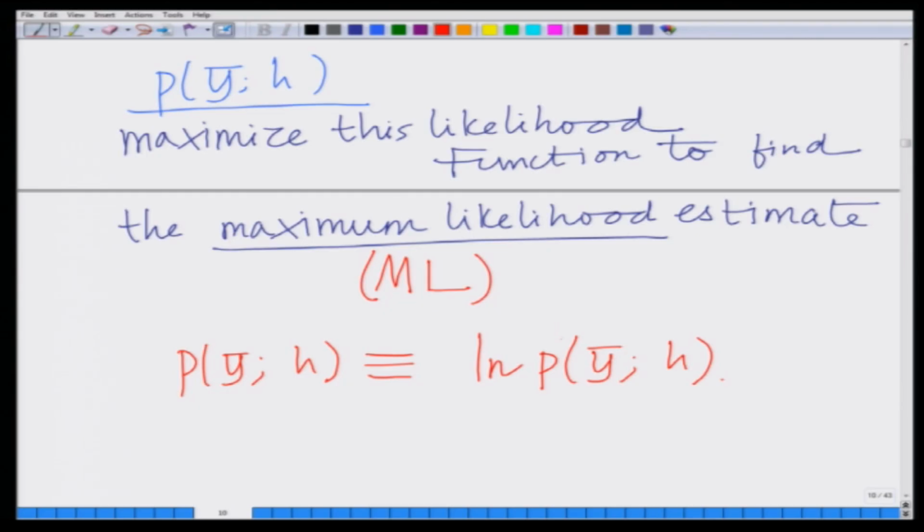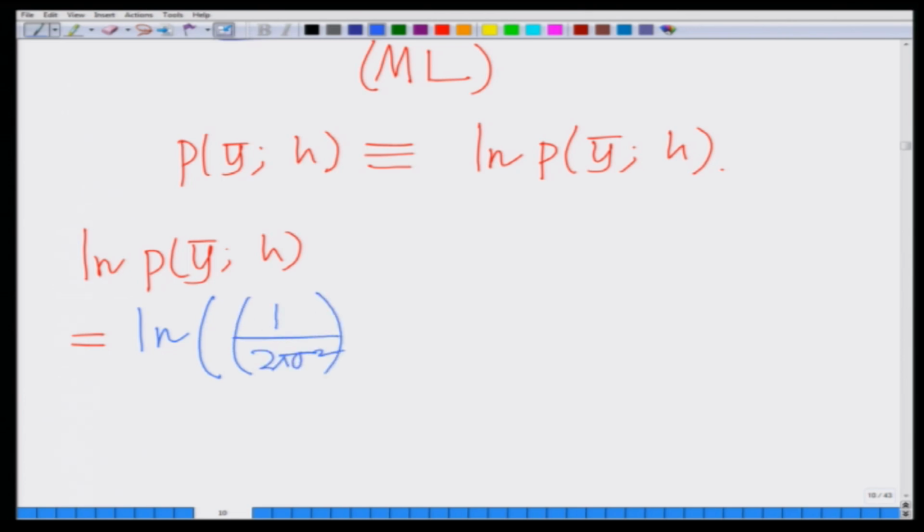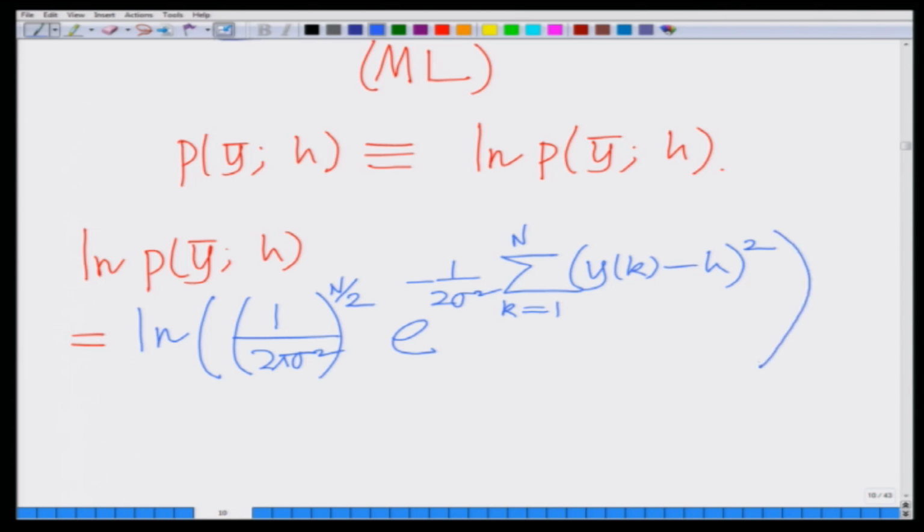Now, let us look at the logarithm of the joint density function. The logarithm of the likelihood function is the logarithm of 1 over 2 pi sigma square raised to the power of n over 2, e raised to minus 1 over 2 sigma square summation k equal to 1 to n, yk minus h whole square.